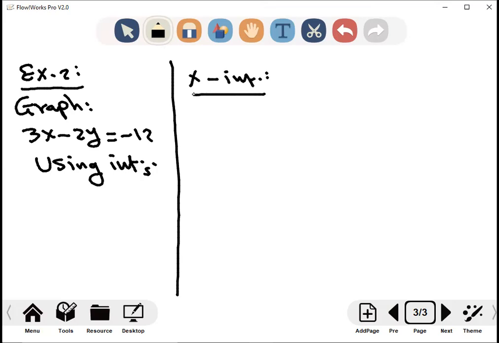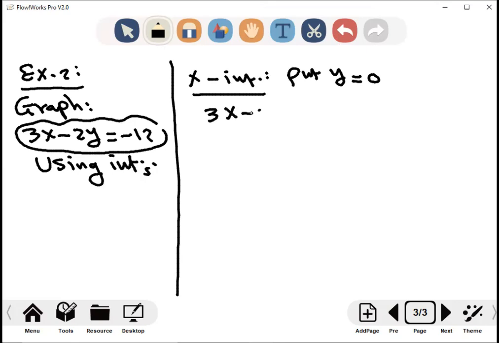X-intercept. To find x-intercept, put y equal what? So you go to your equation, this one, and replace y by 0. So we have 3x minus 2 multiply 0 for y, right? Equal -12. Check.